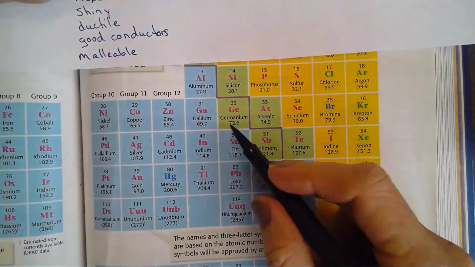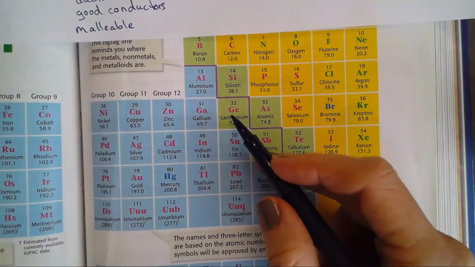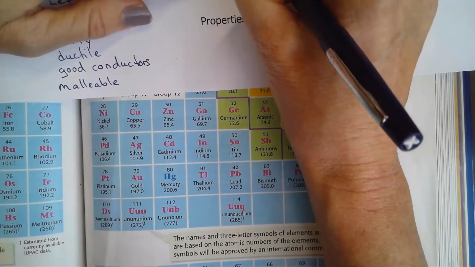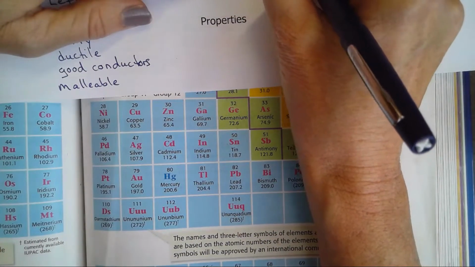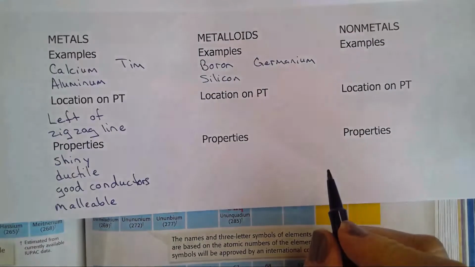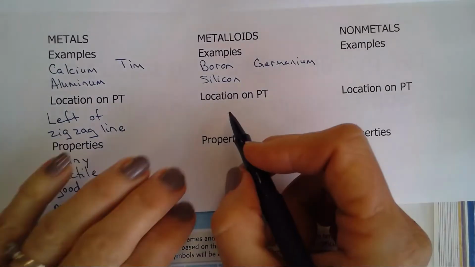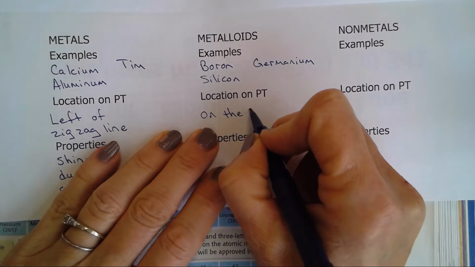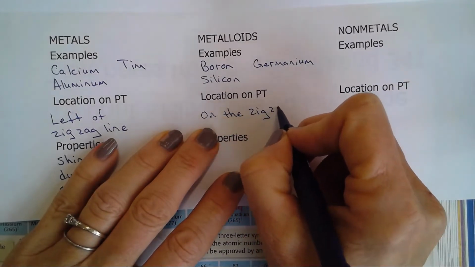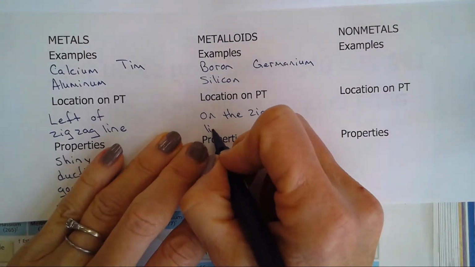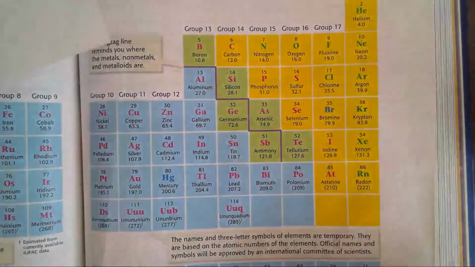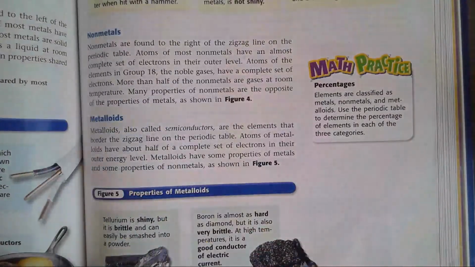And let's do germanium. Location, they are on the zigzag line. These right here.